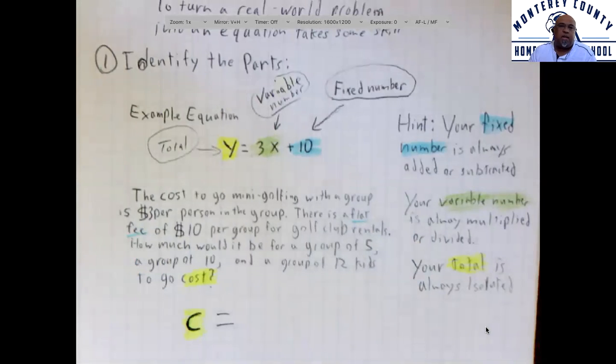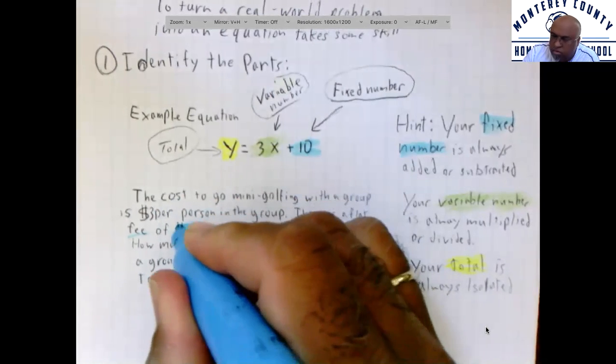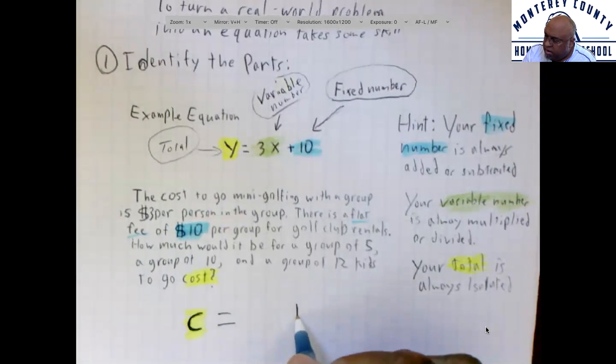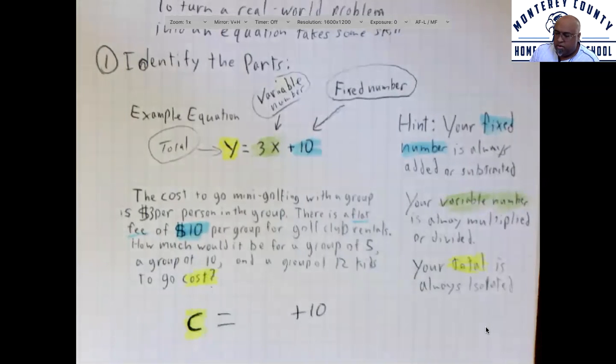It's not going to be like, okay, it's $10 today, but if you have more than this many people go, then it's going to be $12. It's always going to be $10. So the flat fee here would be the $10. Okay. Now I'm going to go over here and aligning it with the same equation that I put up there. I'm going to go ahead and put plus 10.